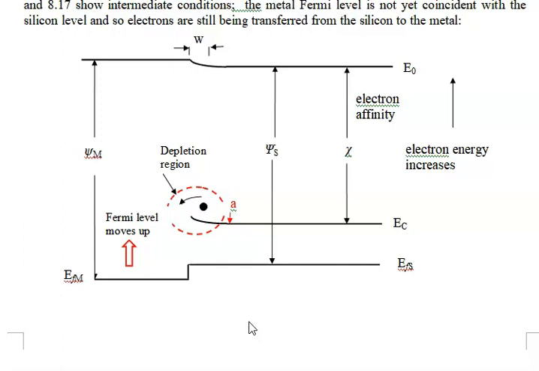We're going to talk about that perhaps a little bit later. Okay, next factoid. The electron transfer at the junction from silicon to metal goes from higher energy to low energy, and the silicon near the surface becomes depleted of electrons.